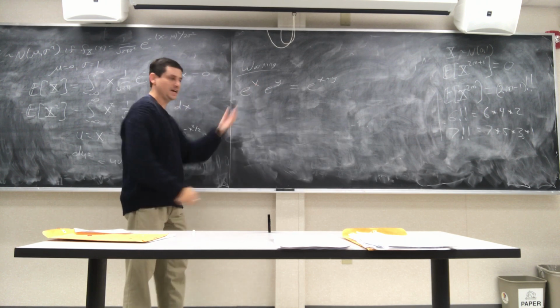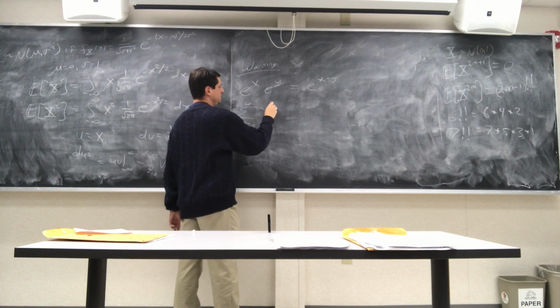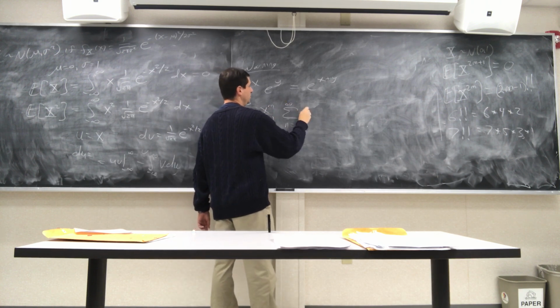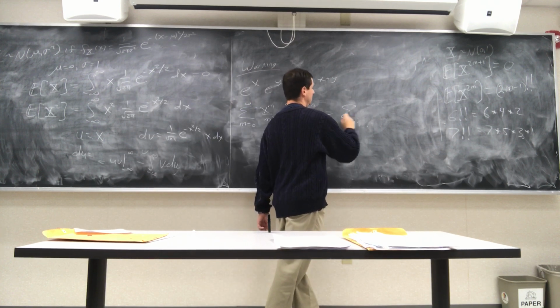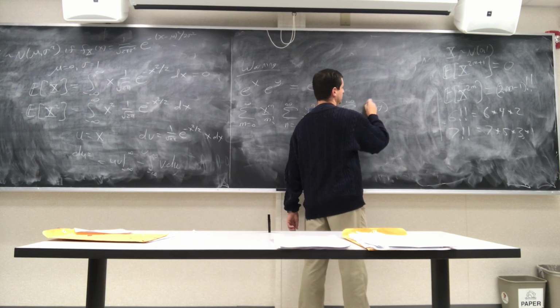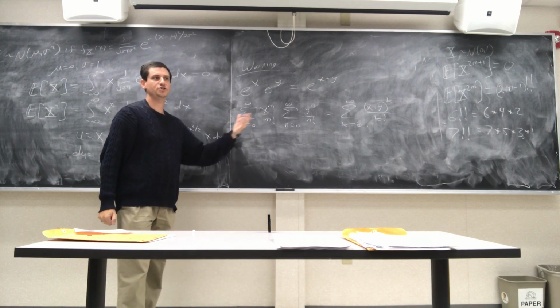But what the left-hand side means is the sum, m goes from 0 to infinity, of x to the m over m factorial times the sum, n goes from 0 to infinity, of y to the n over n factorial. And this is the sum, k goes from 0 to infinity, of x plus y to the k over k factorial. It is not immediately clear that this is true.